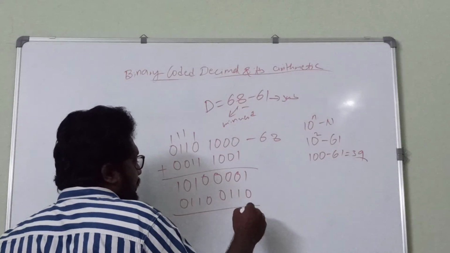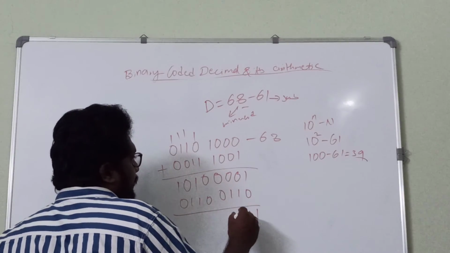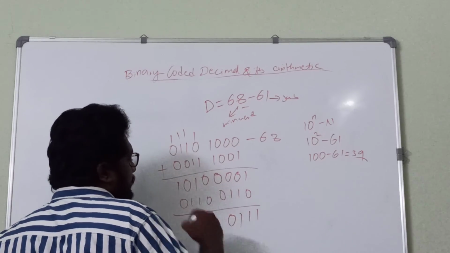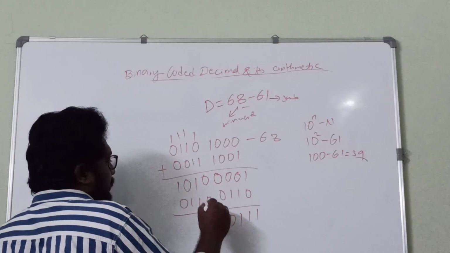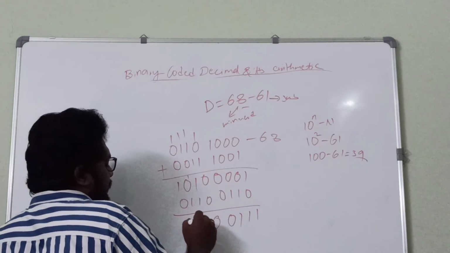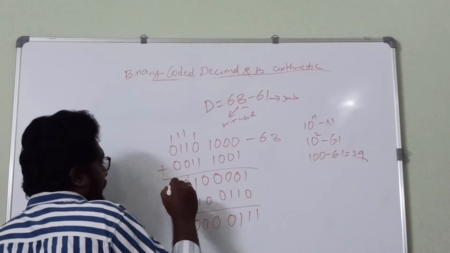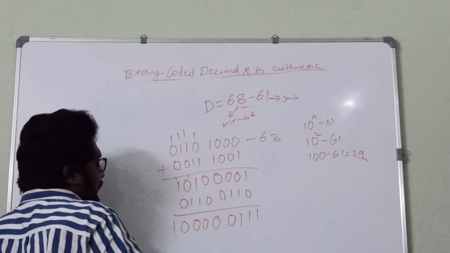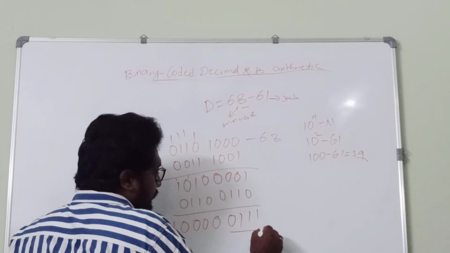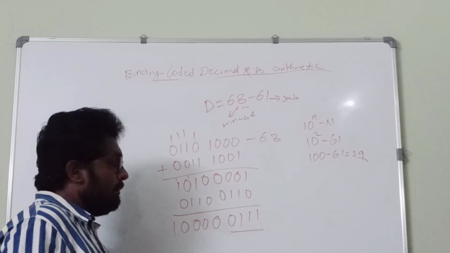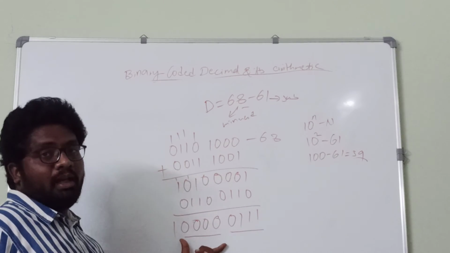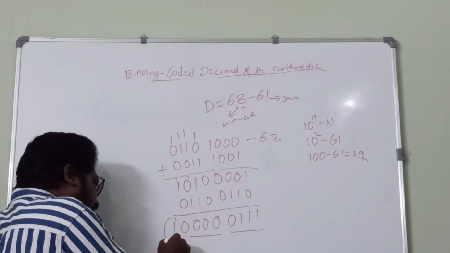Adding bit by bit, we get the result with carries moving forward. These 4 binary bits form one nibble, and again these 4 bits form a nibble, and we got a carry 1.